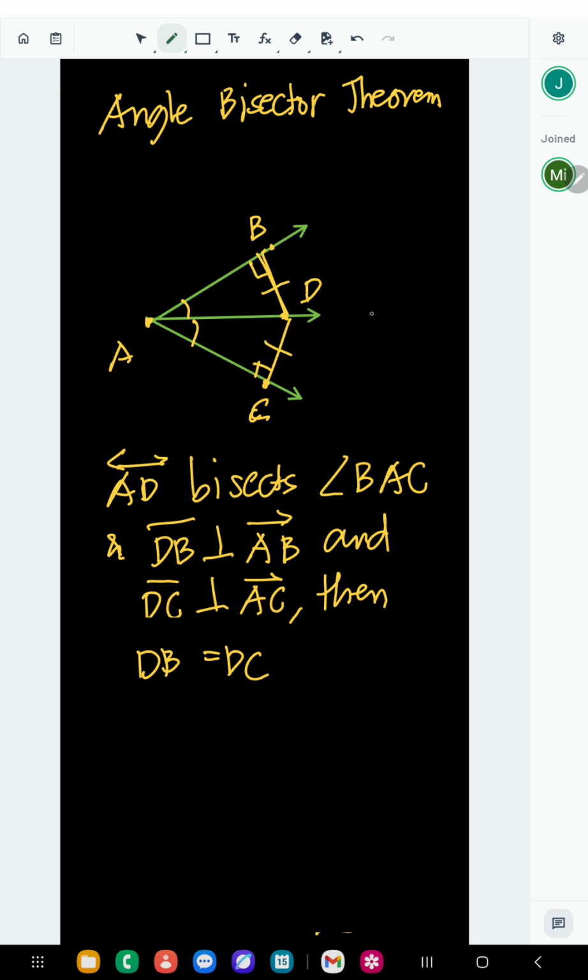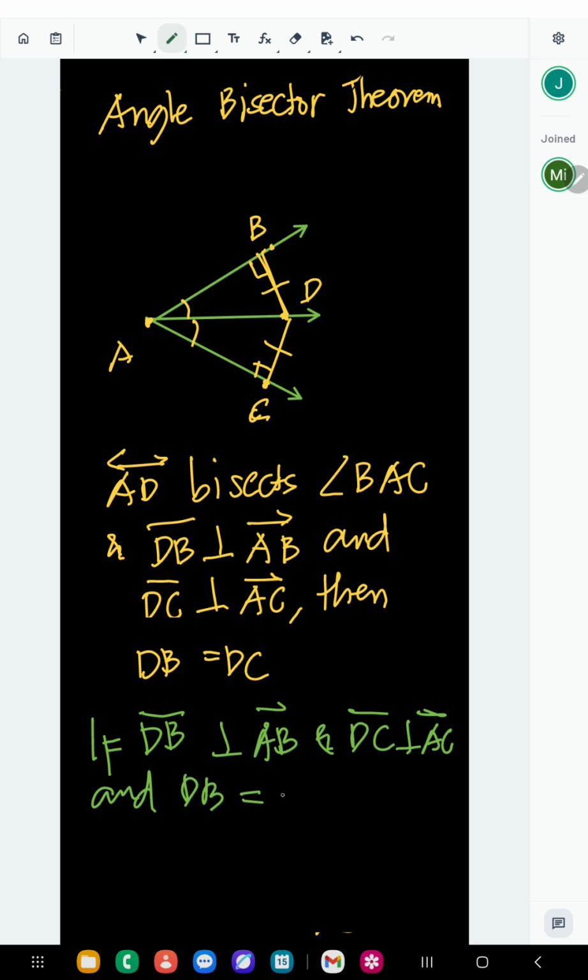Okay, so that one is the angle bisector theorem, and the converse is if DB is perpendicular to ray AB, and DC is perpendicular to ray AC, and DB is equal to DC, then AD bisects angle BAC.